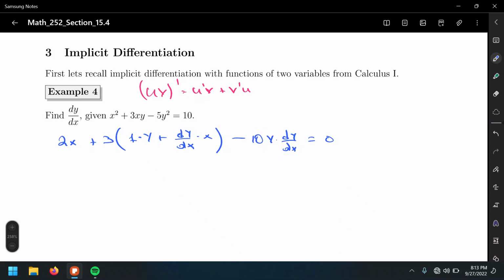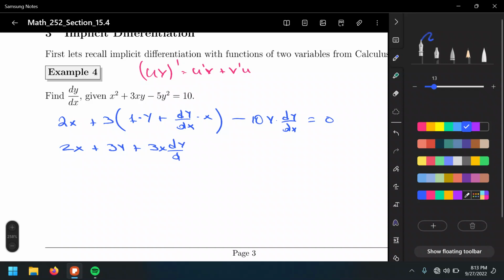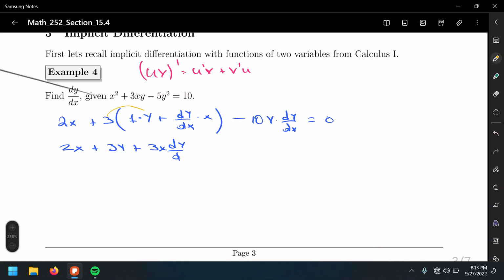All right. So number one, let's clear parentheses and all this multiplication sign. So 2x plus 3y plus 3x dy/dx. These last couple of terms we got by distributing. 1 times 3 is simply 3, and 3x dy/dx. And minus 10y dy/dx, and that equals 0.